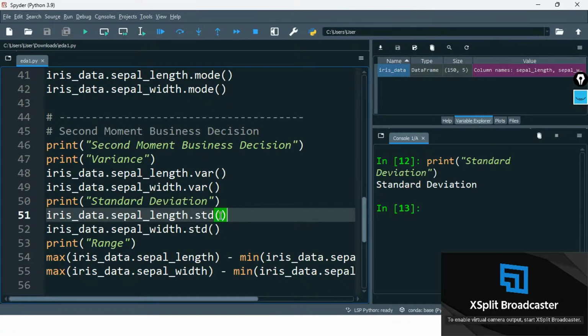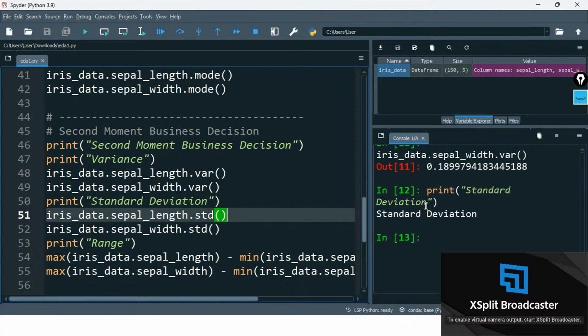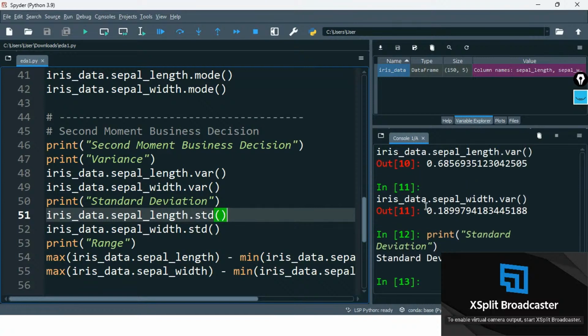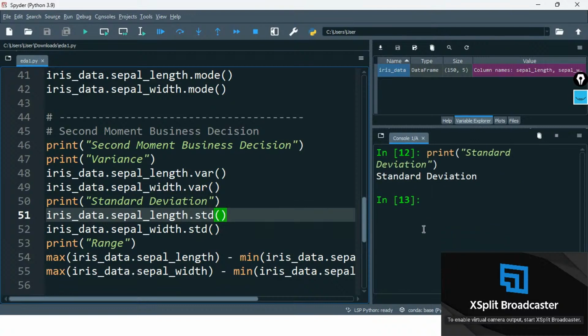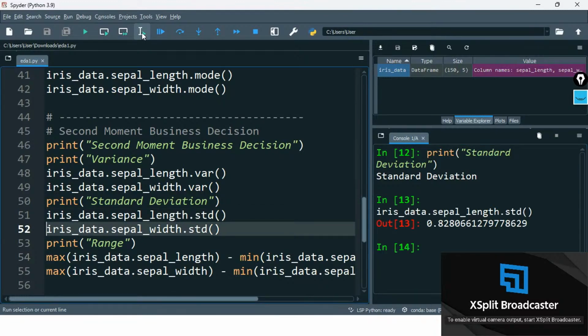Can you just think of what might be the output? Variance of sepal length is 0.68, right? So standard deviation of sepal length should be square root of 0.68. Even I am not sure about the value because it is in decimals. 0.82.